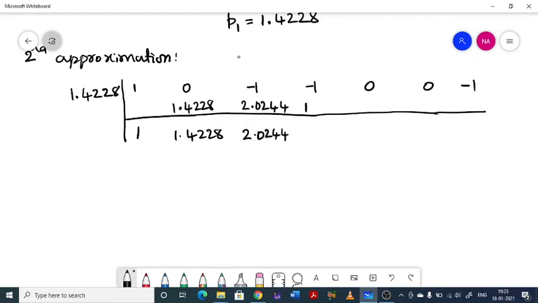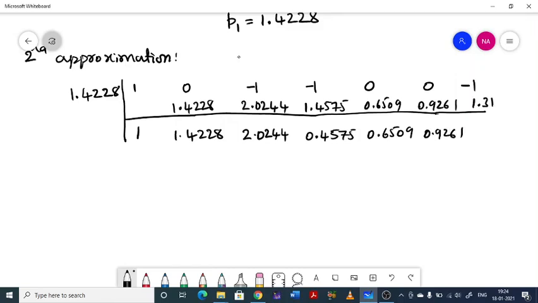Multiplying, the factor will be 1.4575, that is 0.4575. Multiplying, 0.6509. 0.6509 again multiplying, 0.9261. 0.9261 multiplying here, 1.3177, that is 0.3177.